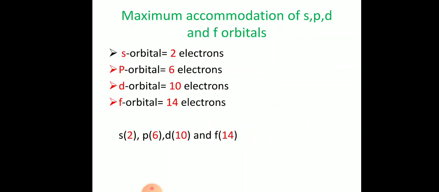In d orbital, 10 electrons, and in f orbital, 14 electrons. We have seen this maximum accommodation of different orbitals in the quantum numbers as well, when we wrote the spin quantum number. So you can just remember: s 2 electrons, p 6, d 10 and f 14. This we also require while writing the electronic configuration.